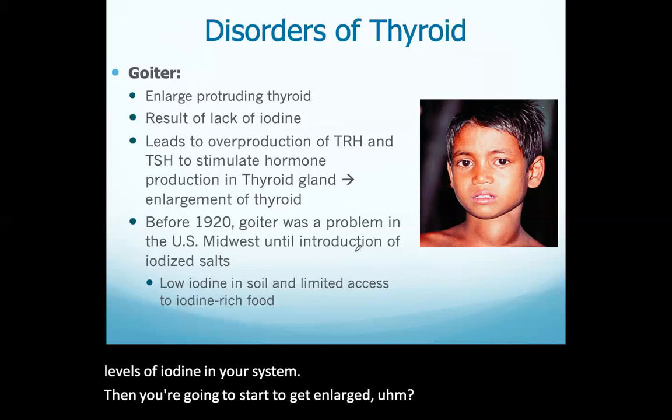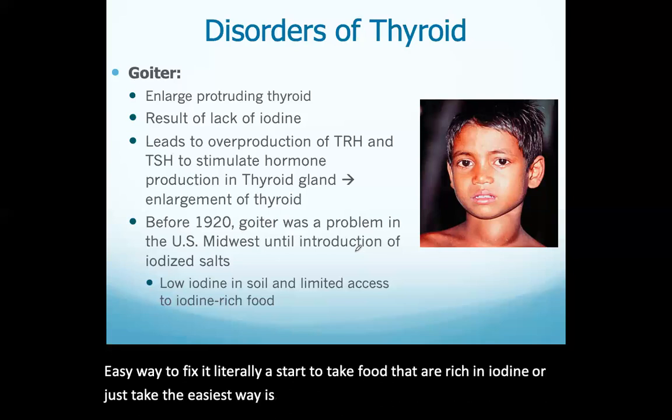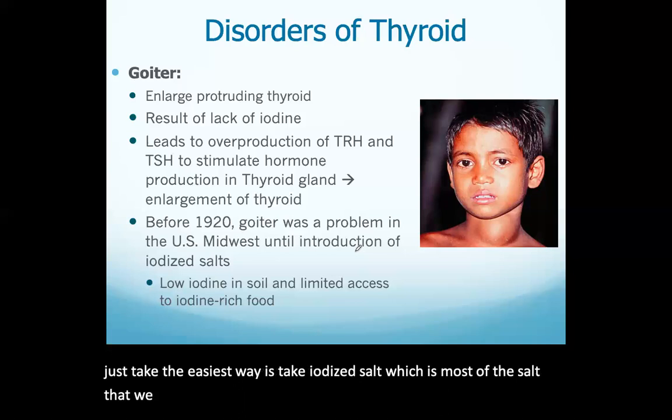An easy way to fix it is to eat foods that are rich in iodine, or the easiest way is to take iodized salt, which is most of the salt we have nowadays, which limits the chance of developing goiter in advanced countries.